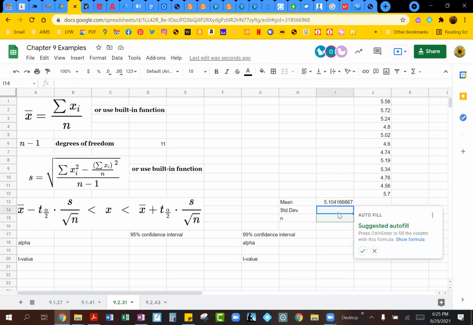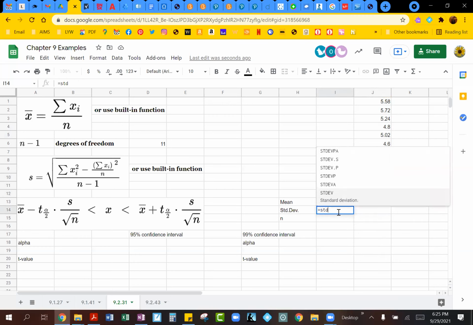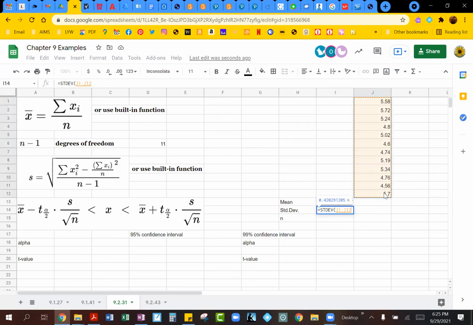Now we need to do standard deviation. I'm just going to use the STDEV function to do that. And we've got our 0.4204.